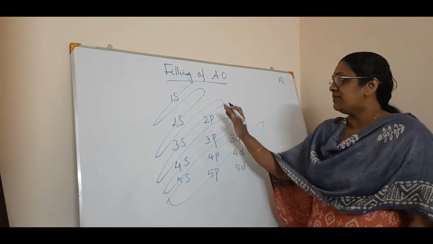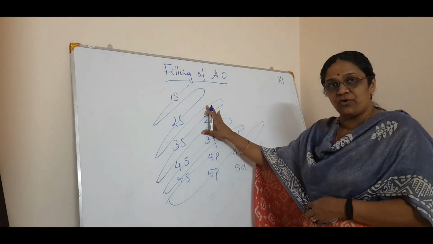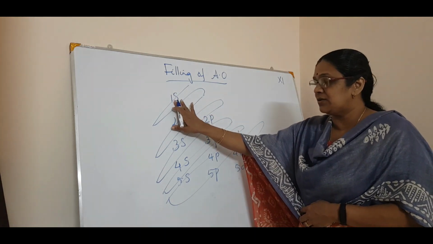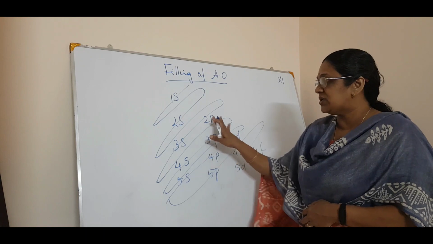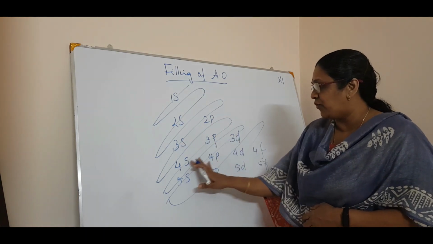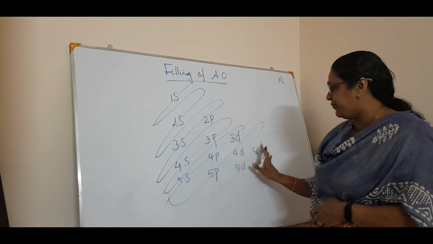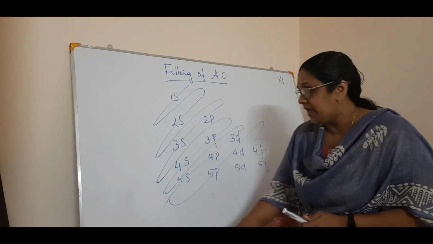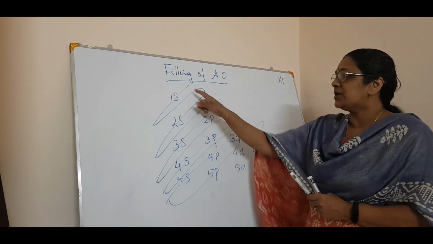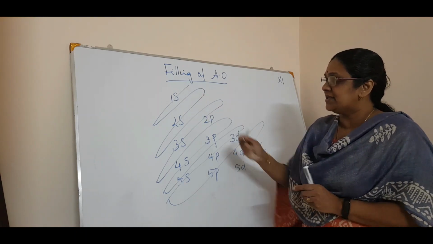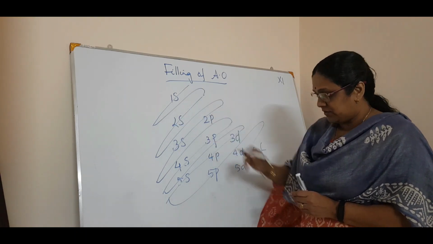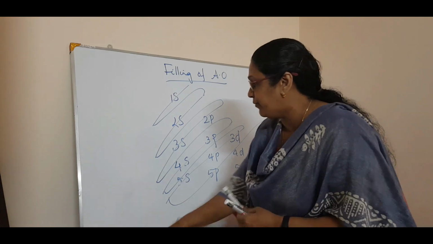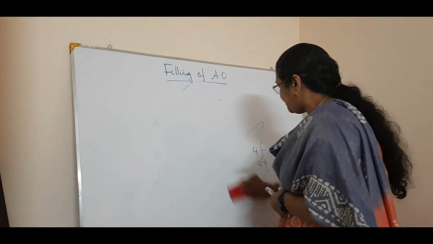First you have to write 1s, 2s 2p, 3s 3p 3d, 4s 4p 4d 4f, 5s 5p 5d 5f. Then you have to connect it, not like this, but like this. Or once again I will draw it for you if you have a problem.